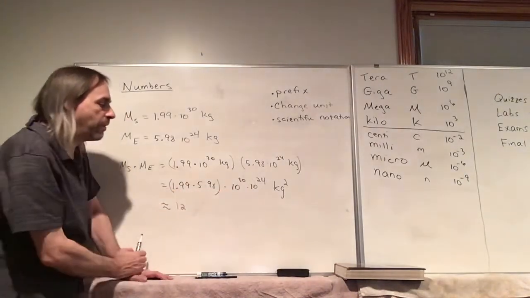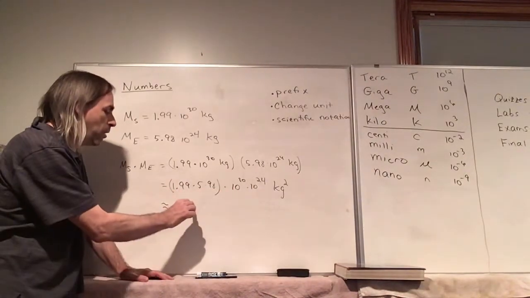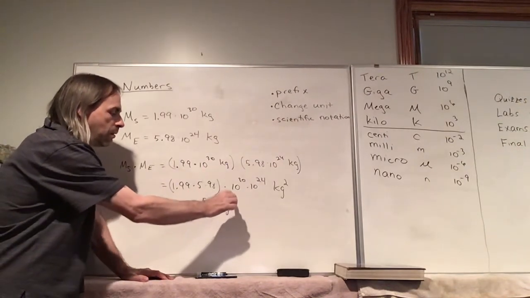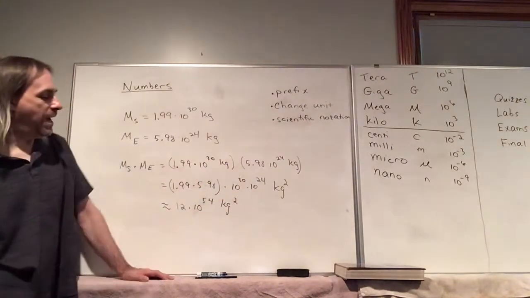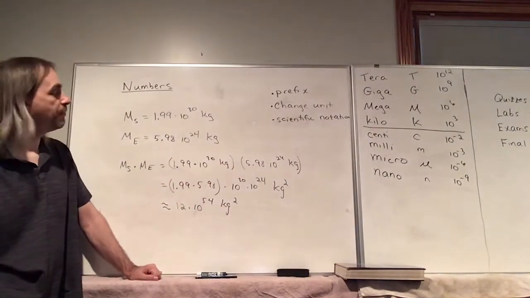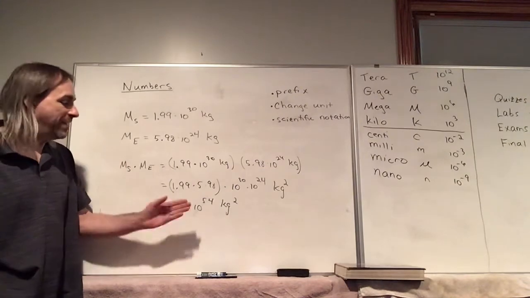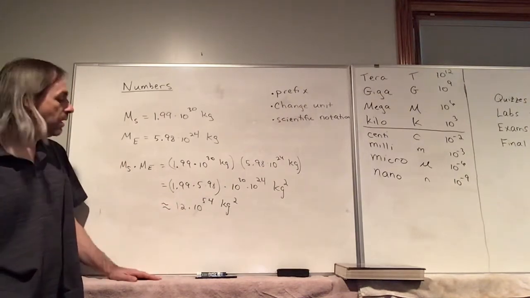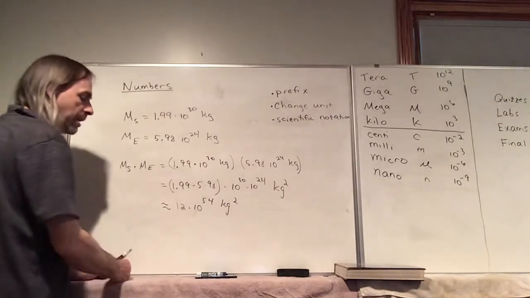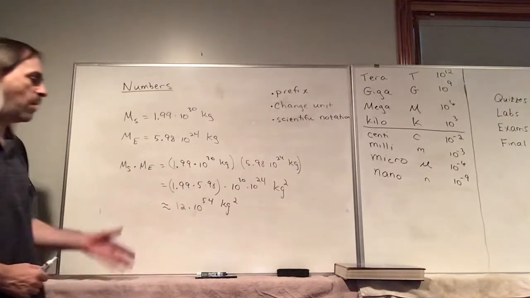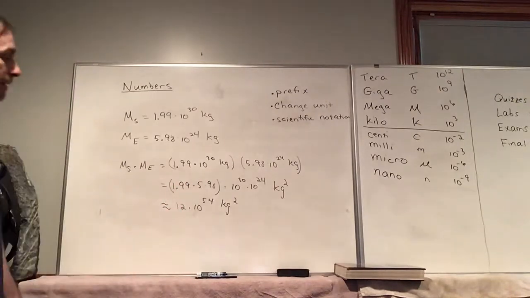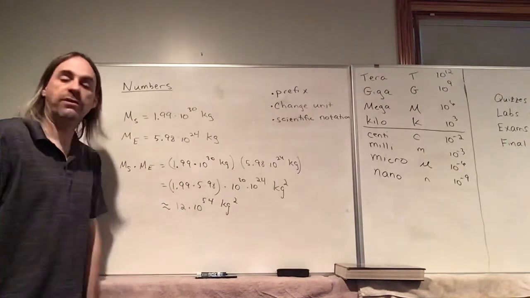And 10 to the 30th times 10 to the 24th is 10 to the 54th, kilograms squared. If you want this in scientific notation, let's talk about that in a minute, but you can see how easy it is to do this calculation. If you want it a little more precisely, you can multiply these two numbers. Not that complicated. We'll probably round off to 12 anyways.